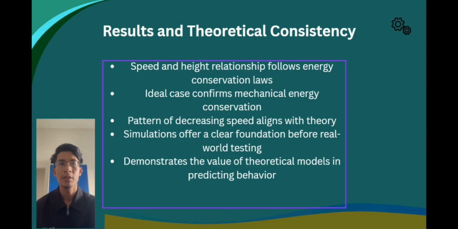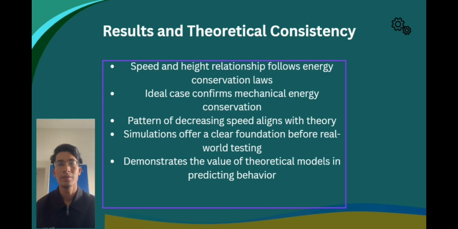And then we will continue with the result and theoretical consistency. The first one is that speed and height relationship follow the energy conservation law. The next one is that the ideal case confirms mechanical energy conservation.